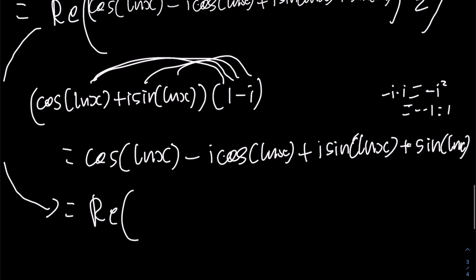So what we have here, this is a real part, so I'll write this with this color. This is a real part, and this is a real part, as we can see, and this is an imaginary part, and this is an imaginary part.